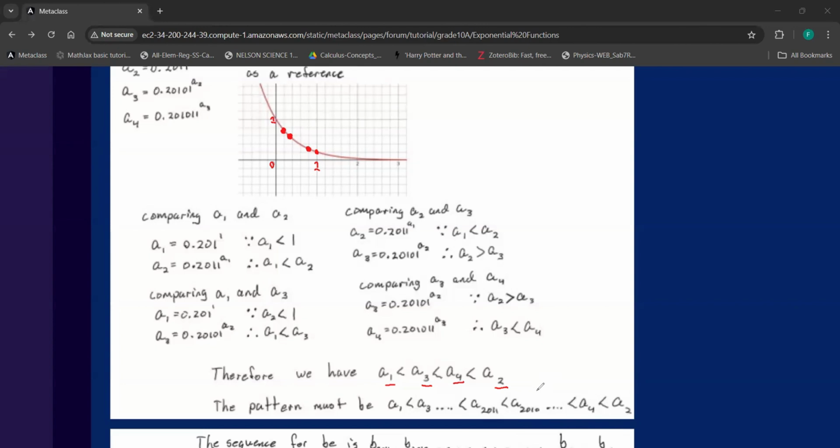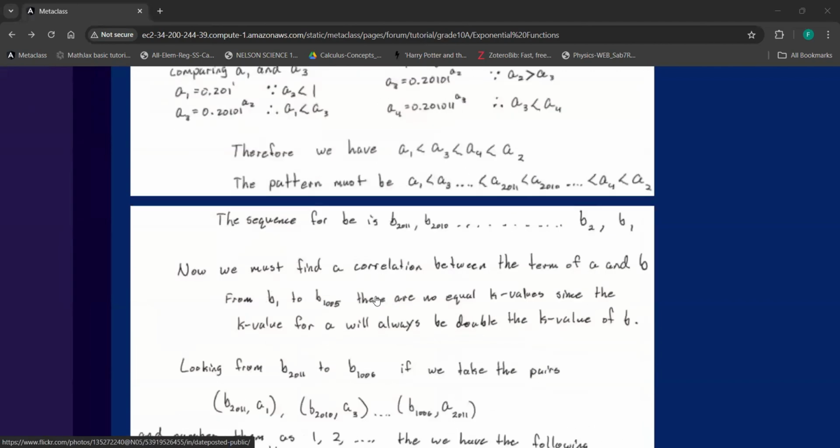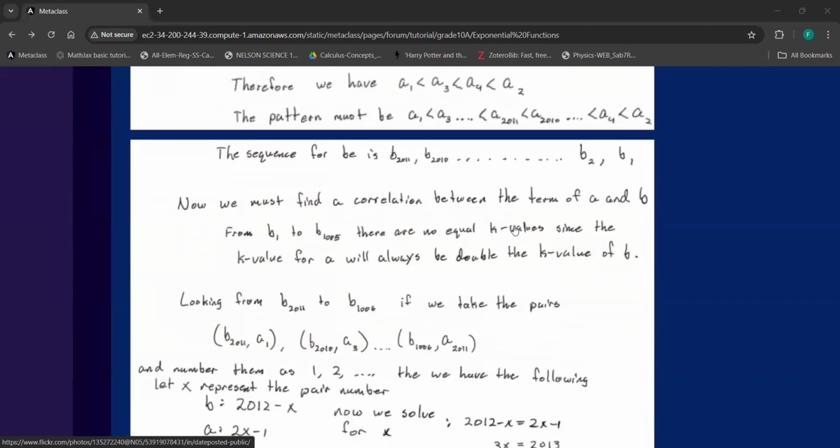So the A of k values in decreasing order will be starting from A2, A4, all the way until A1.